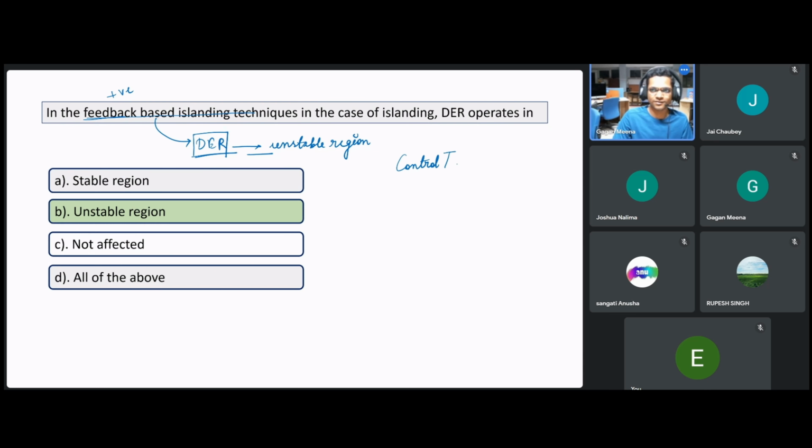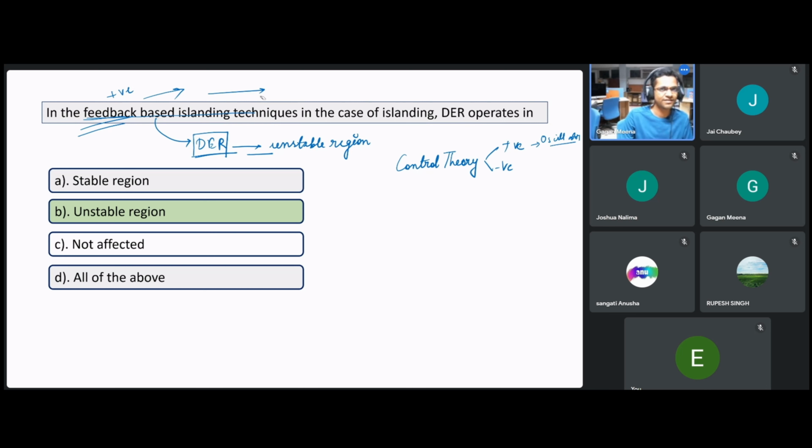In control theory, we study two types of feedback. One is positive and one is negative. In oscillators, we use this positive feedback. Here also we are using it because we want to inject a disturbance.